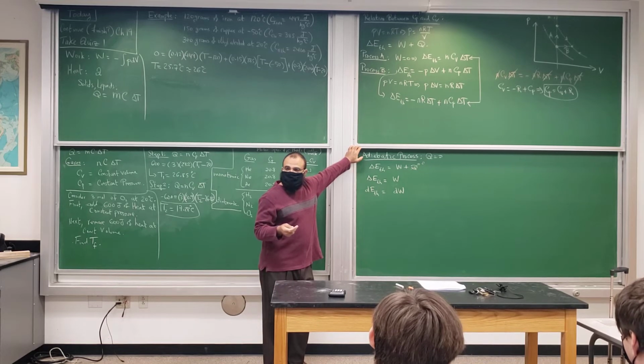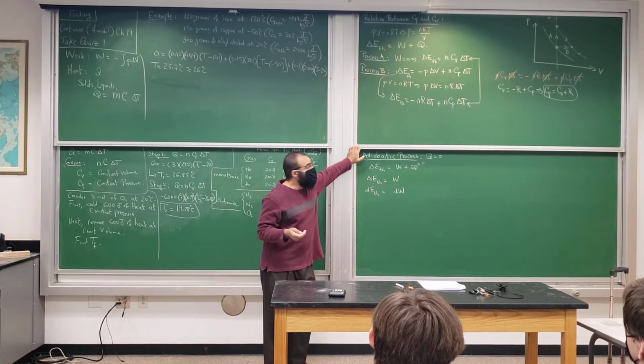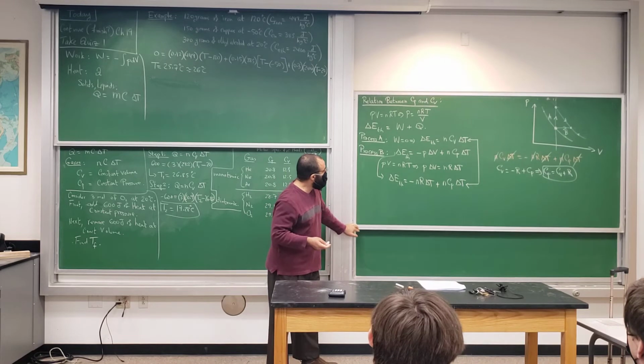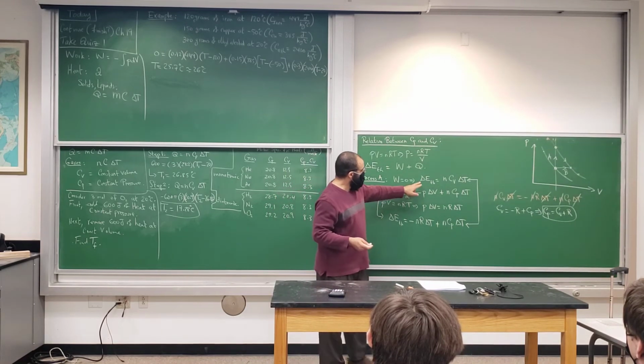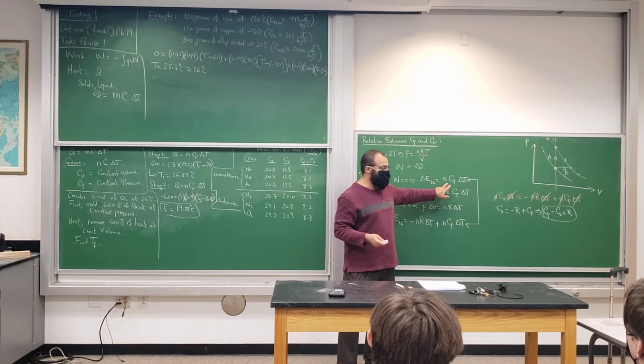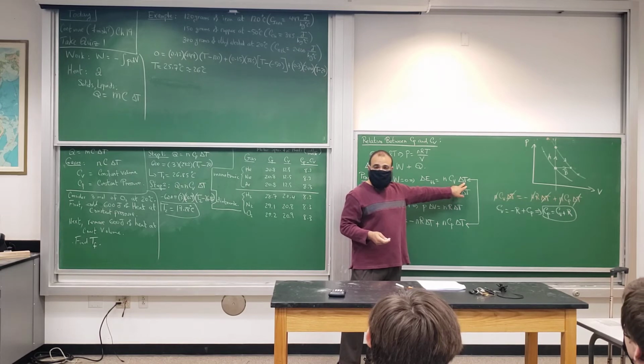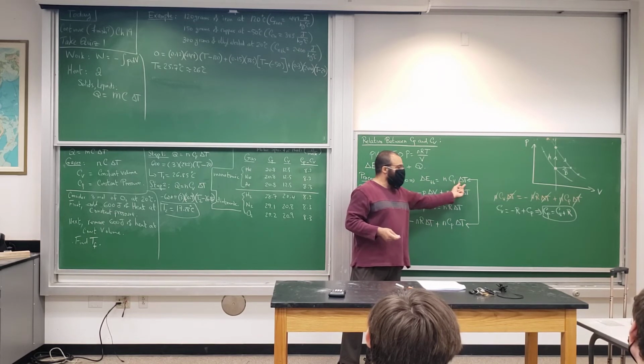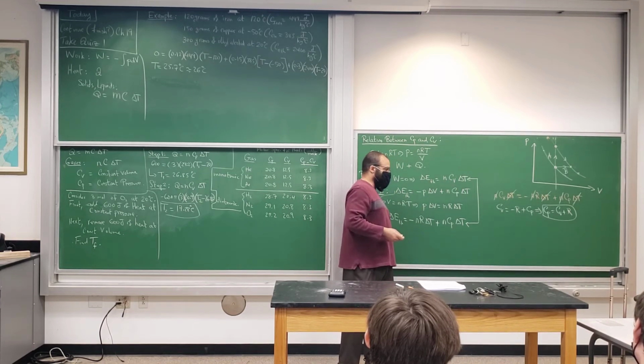The change in thermal energy is related to the change in temperature, which we can always write this way, nCV dT. Again, I want a small amount of change, so dT instead of delta T. So I have nCV dT for dE thermal.